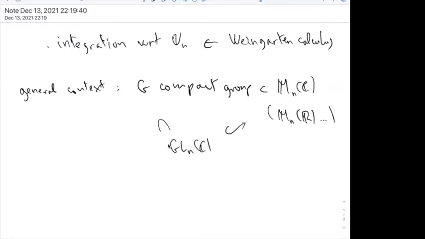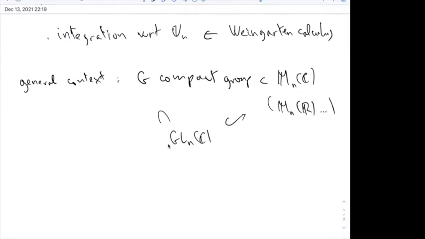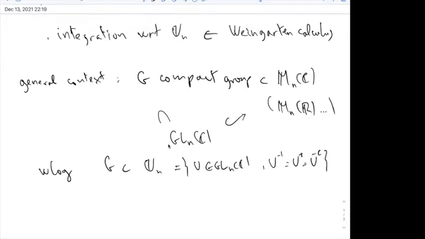So some very simple observation first, but which will be really important for us, is that without loss of generality, we can assume that G is contained in the unitary group, which is the collection of matrices in GL_N(C) whose inverse is the adjoint, the transpose of the complex conjugate.